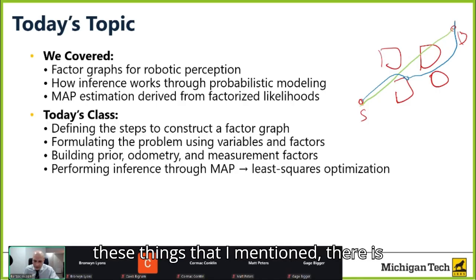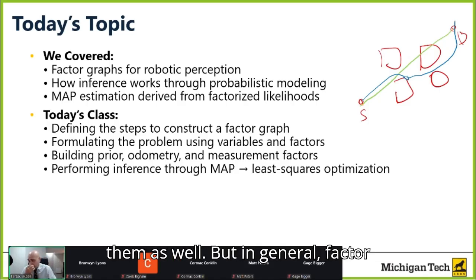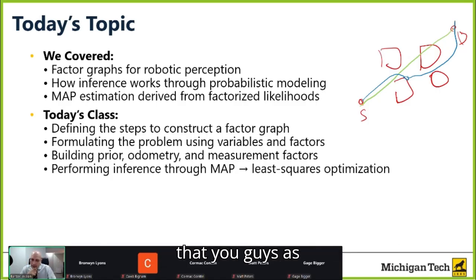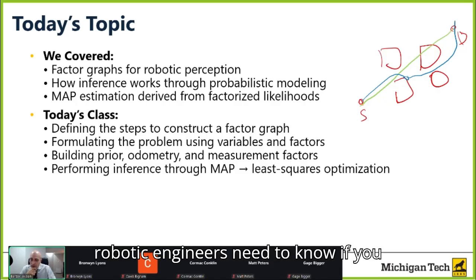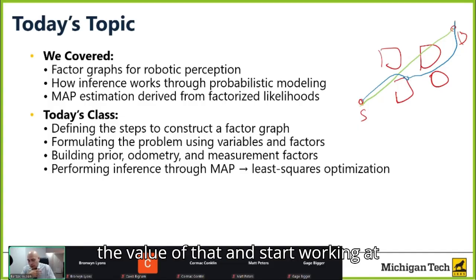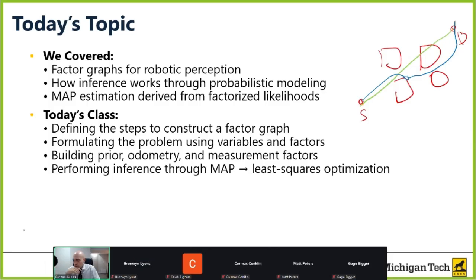However, for all of these things that I mentioned, there are many ways to deal with them and fix them. But in general, the factor graph right now is one of the best methods that you as robotics engineers need to know if you want to be successful and be ahead of others. I hope you know the value of that and start using it at least for your next projects or next classes.